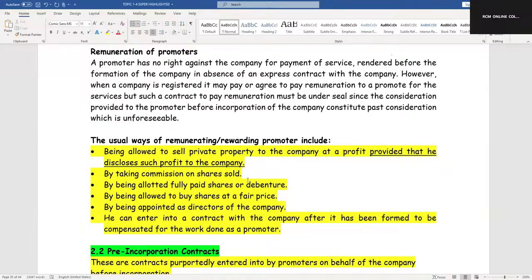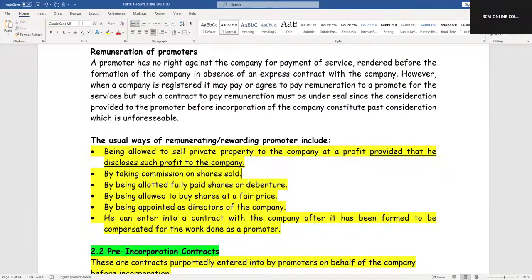He can be allowed to buy shares at a fair or discounted price, which is not the market price of the shares. So he can get extra shares in the company at a very discounted price compared to what others are paying. He can be appointed amongst the very first directors of the company and serve as a director.